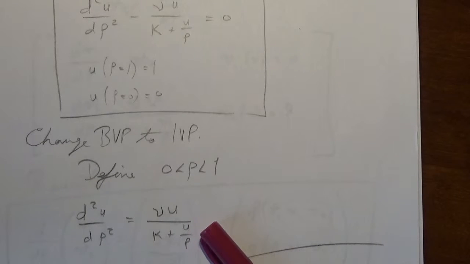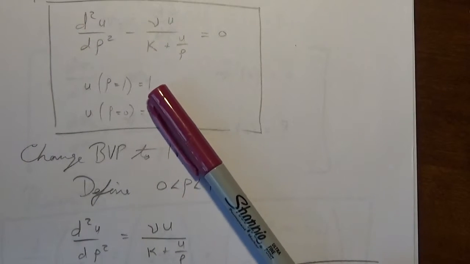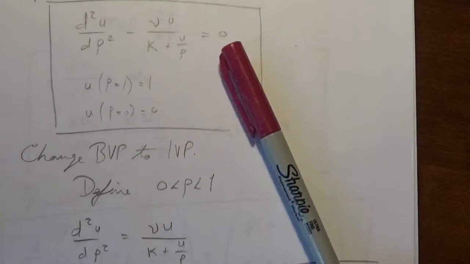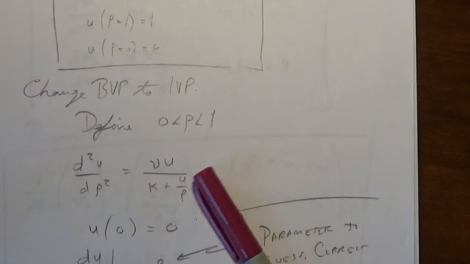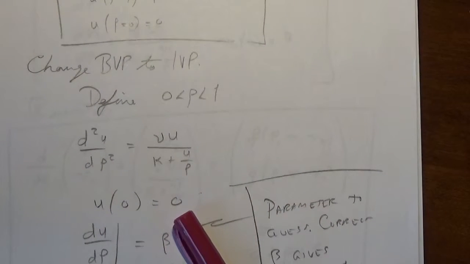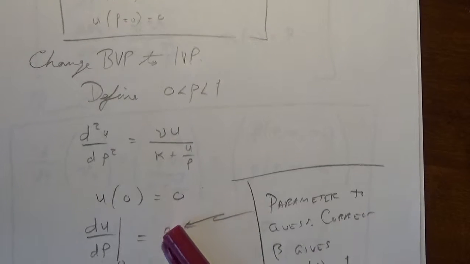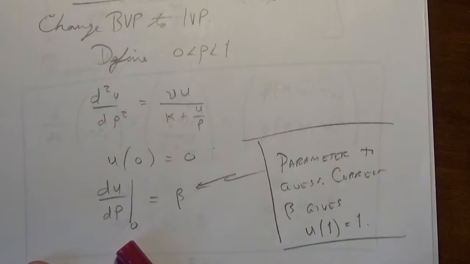This is our differential equation, where I just took the non-homogeneous term over to the right-hand side. That is our initial condition, and then we need to know the slope at 0, the initial slope. We don't know what it is, so we're going to guess some value, which I'm going to call beta. This is our shooting parameter.